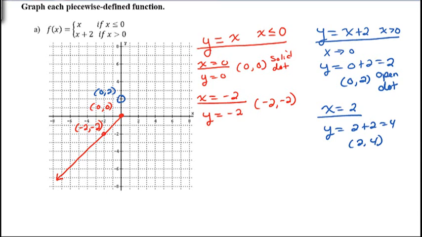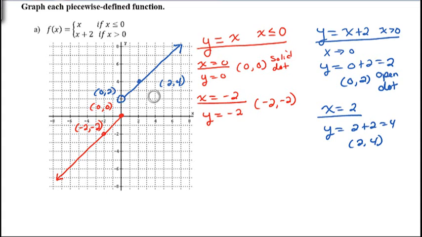The only dot you need to worry about being solid or filled is at this point, 0. Any other points are all going to be filled in. Now we have 2 points, so we can go ahead and draw this piece of the graph in as well. Here is a picture of our graph.